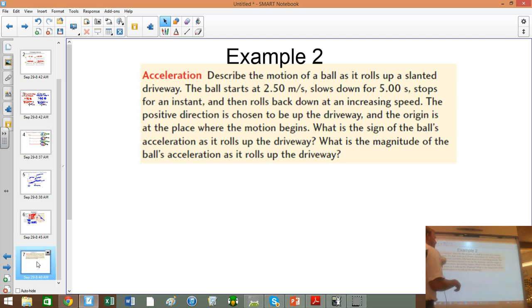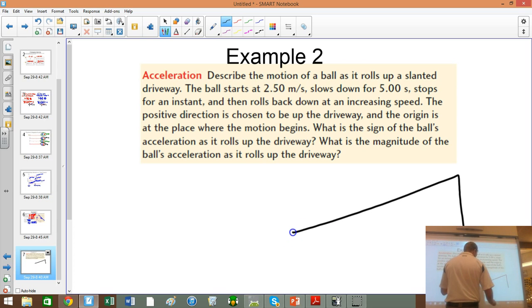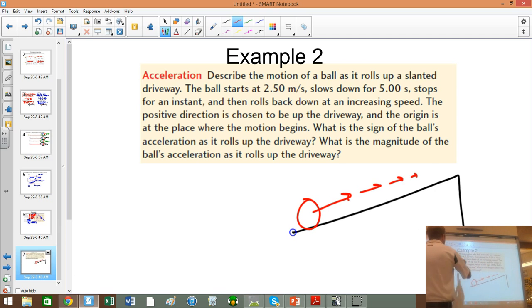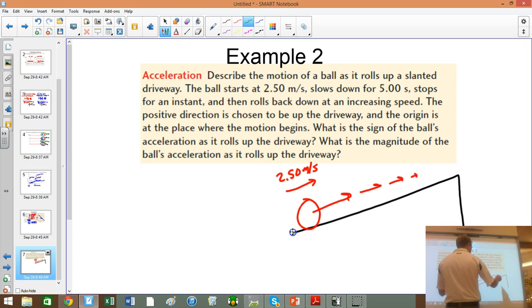It says, describe the motion of a ball as it rolls up a slanted hill. So I've got a ball going up a hill. It starts at 2.50 meters per second. It slows down for 5 seconds.